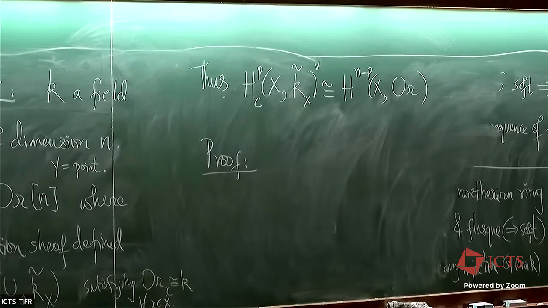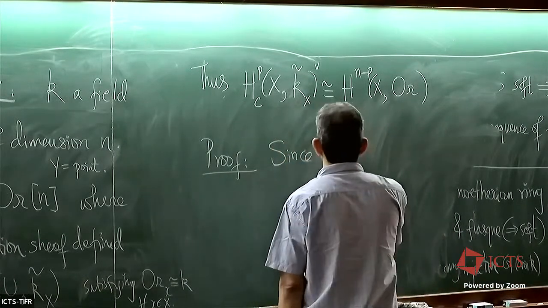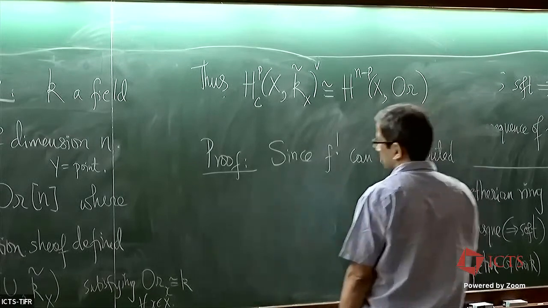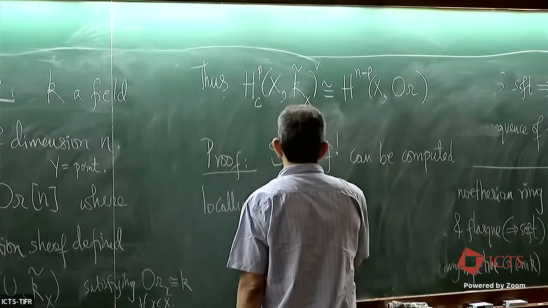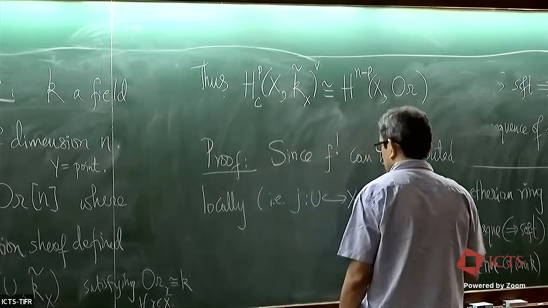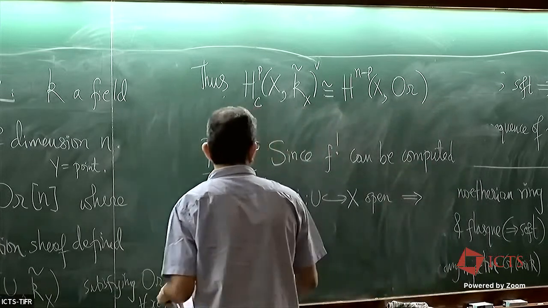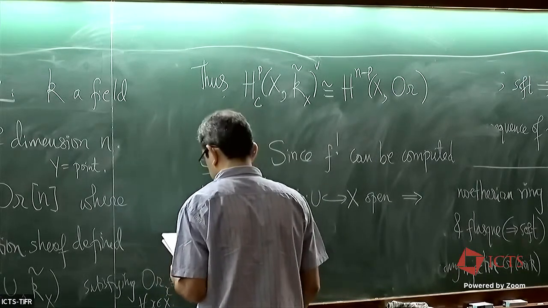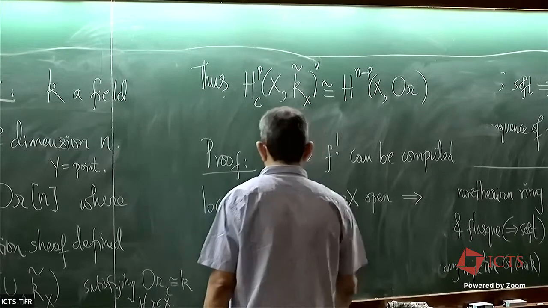And from the fact that, so this is the key point, this is one interesting feature of this, since f shriek can be computed locally, which means if I have an open immersion, open subset U to X, this implies f composed with j shriek K is isomorphic to j shriek f shriek K. That's just formal.